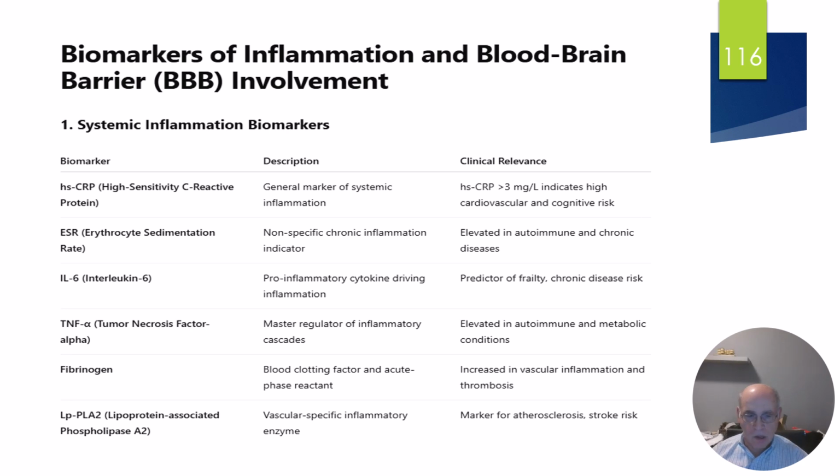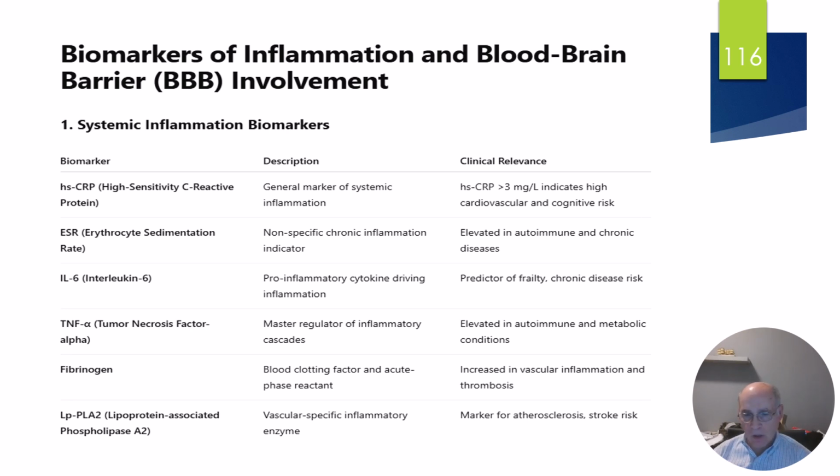Interleukin 6, well, this is a nasty cytokine. It's a pro-inflammatory cytokine that drives inflammation. It's a driver of frailty, and the higher IL-6, if you remember back in the graph, when we looked at low-grade inflammation versus chronic ongoing or acute inflammation, how TNF alpha, interleukin 6 would be very high and then come down in an acute case, but would stay elevated in a chronic inflammatory.